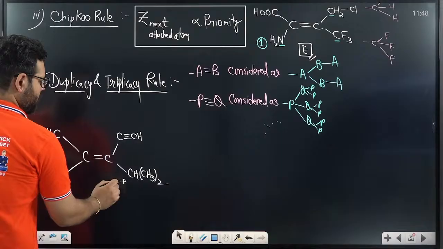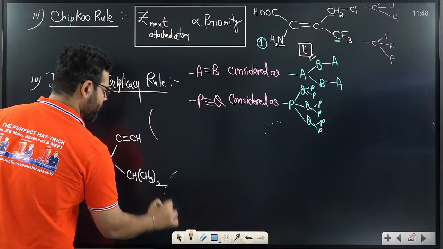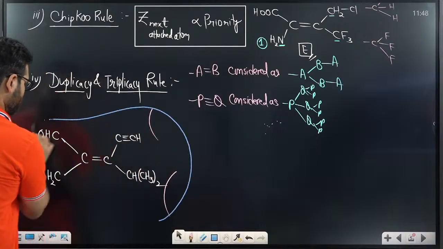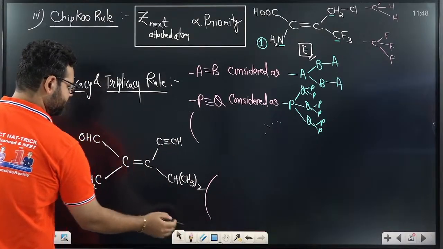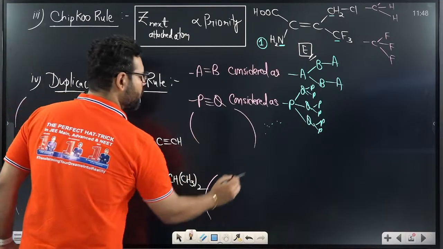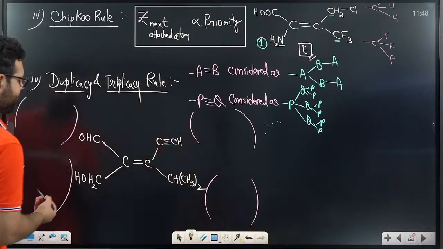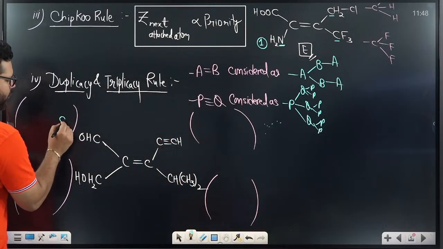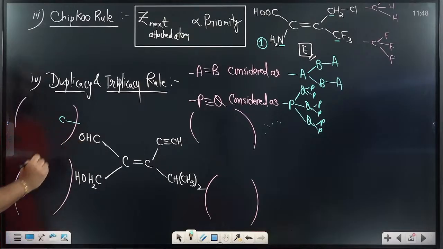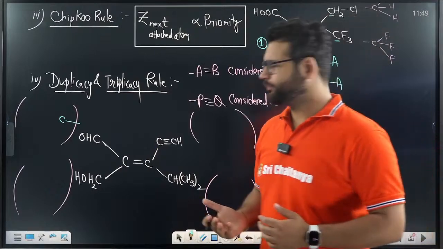So, here I'm just opening everything. All of you can see here. Let's see left side. This is a carbon. This is an aldehyde. Aldehyde means C double bond OH.